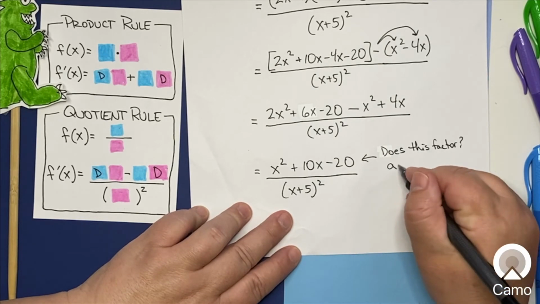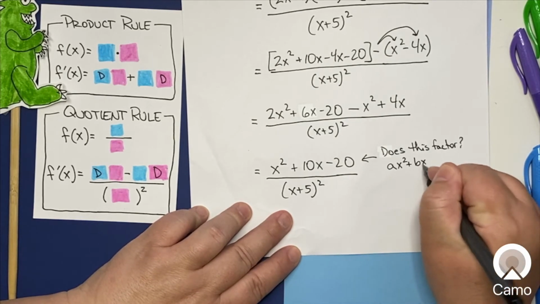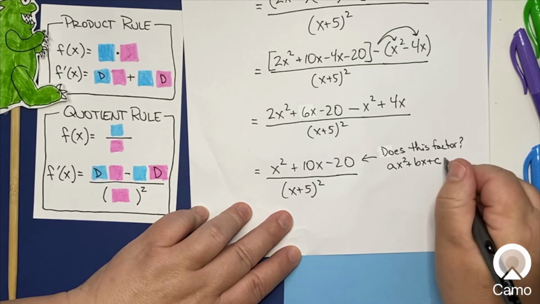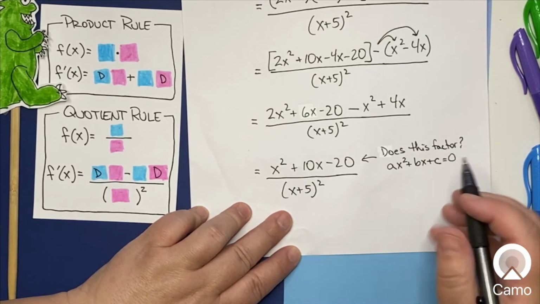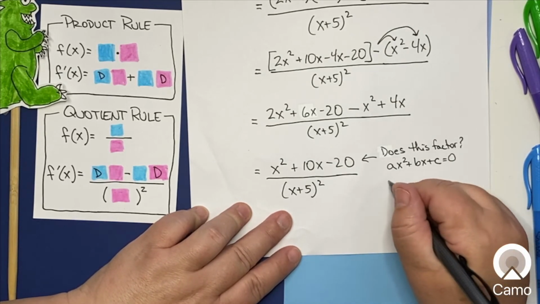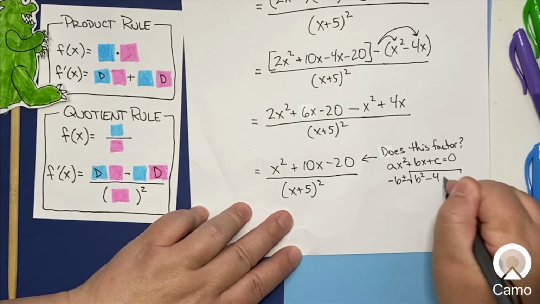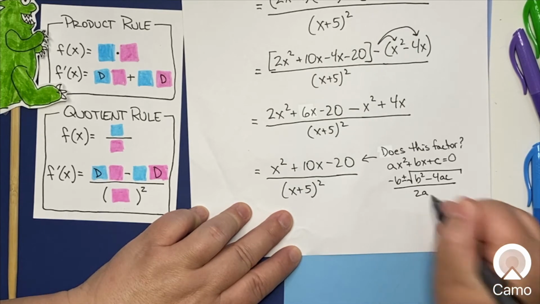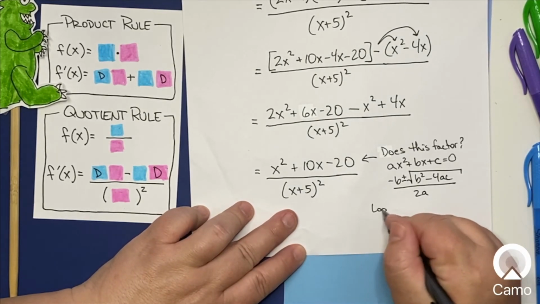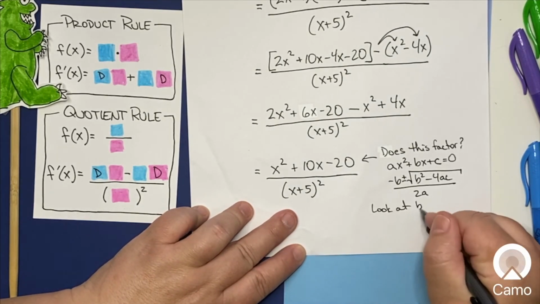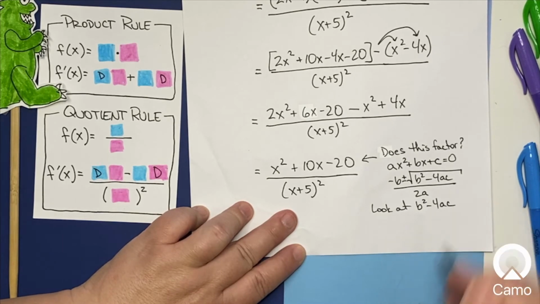So, if we have ax squared plus bx plus c, and you set it equal to 0, but you don't, right? This is the quadratic formula. You've got the opposite of b plus or minus radical b squared minus 4ac all over 2a. You want to look at b squared minus 4ac.